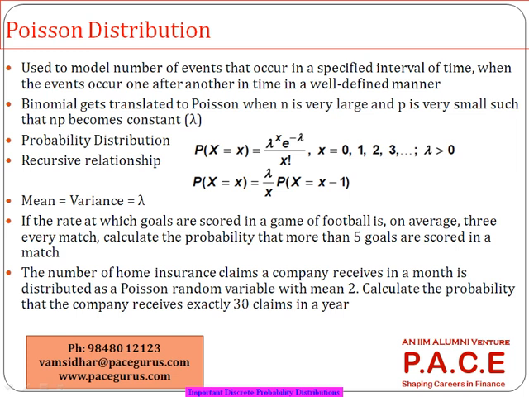So whenever we are talking about modeling the number of events in a particular period of time, we start thinking of using the Poisson distribution.